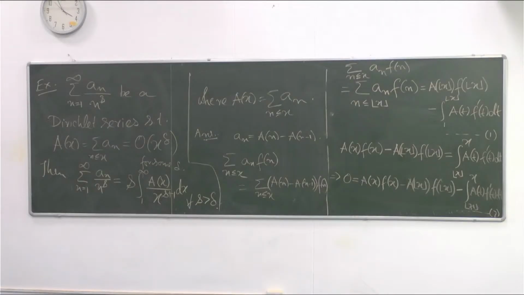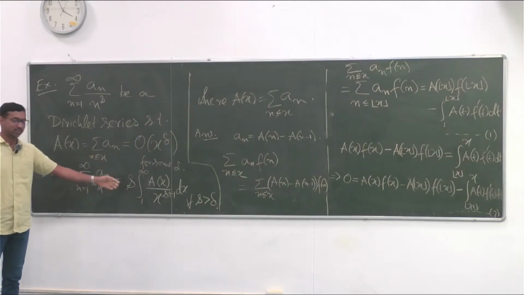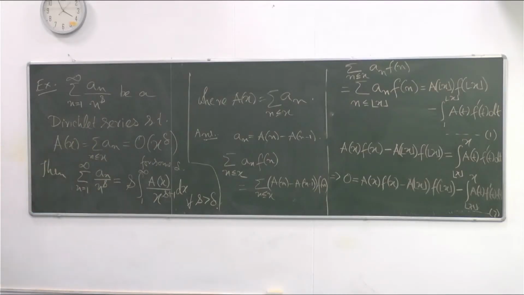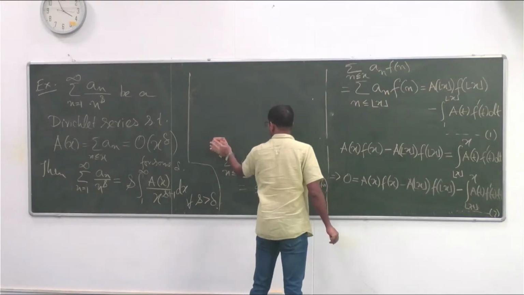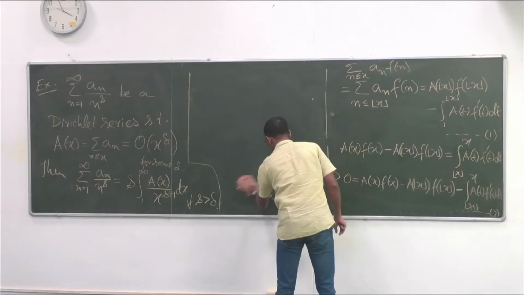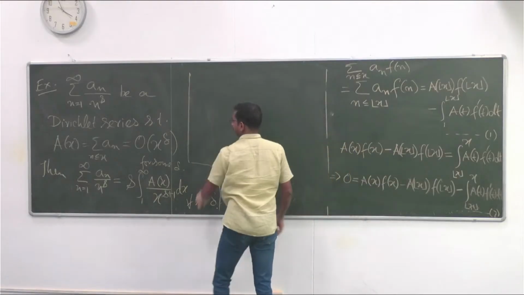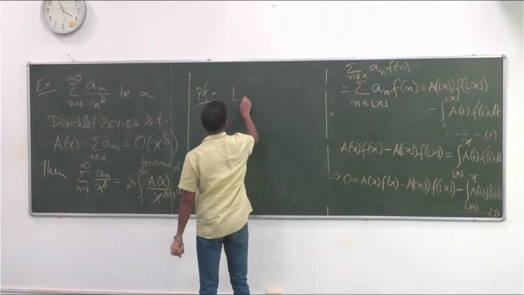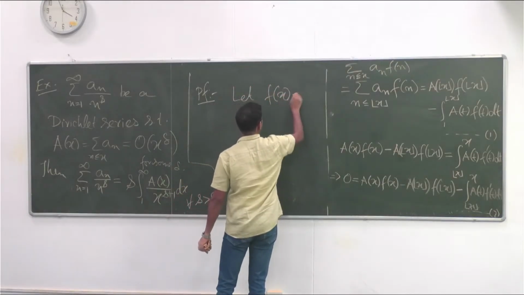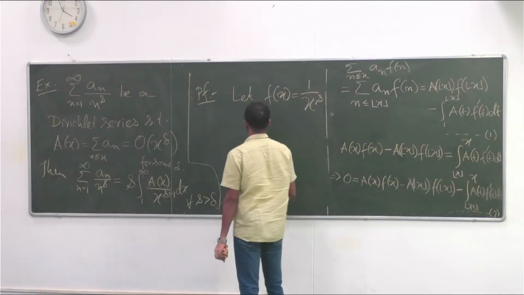So please do this using the previous thing. Choose your function f(x) to be 1 by x power s, and then use the Abel summation formula directly. That gives you this. So let f(x) be equal to 1 by x power s.